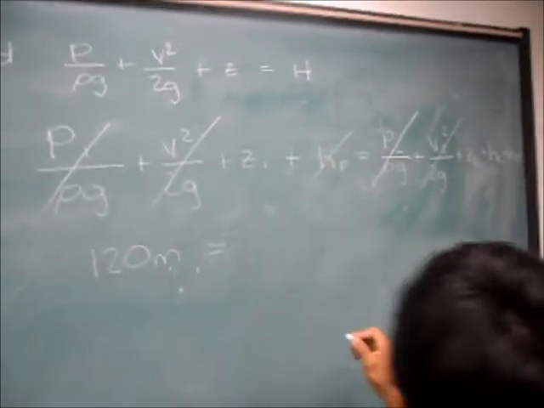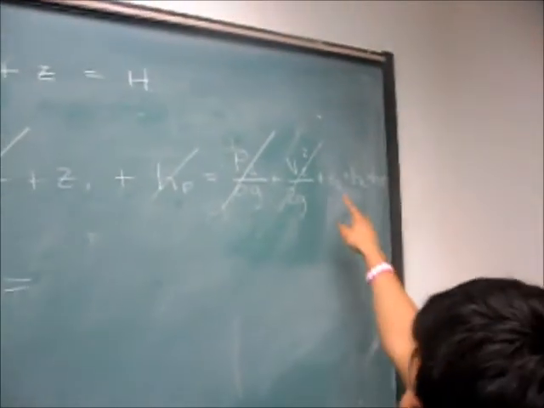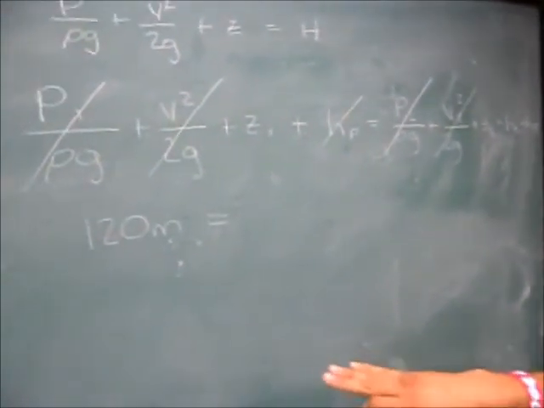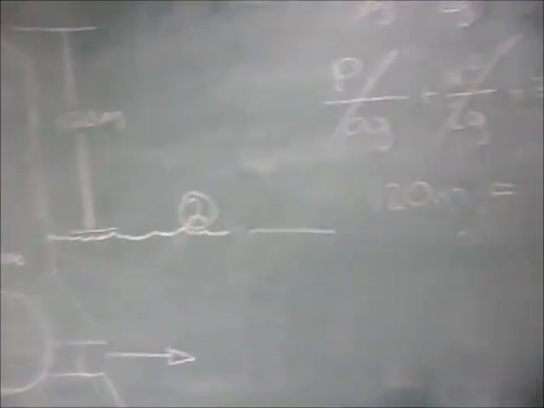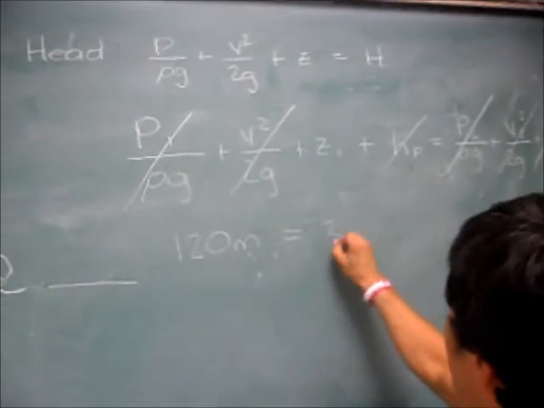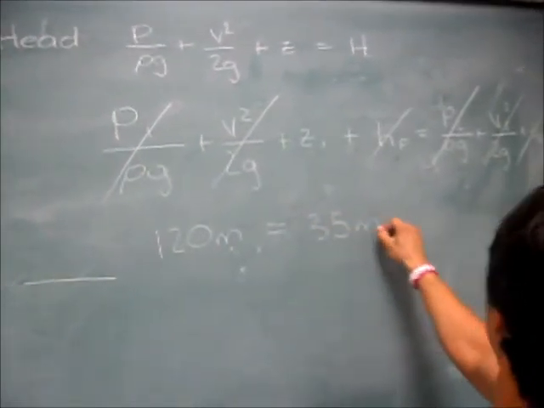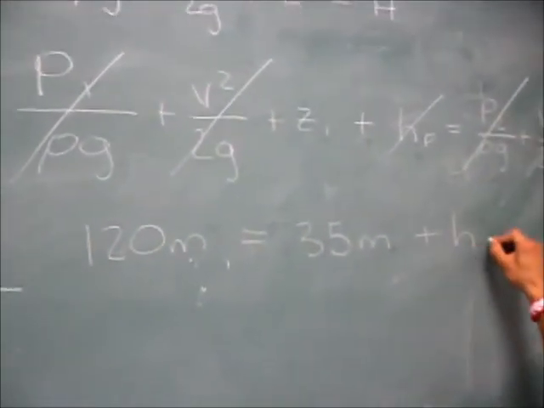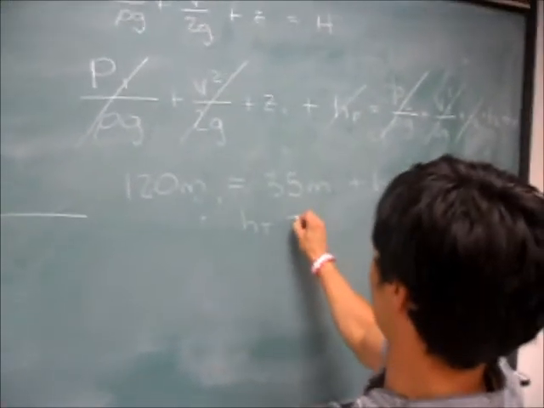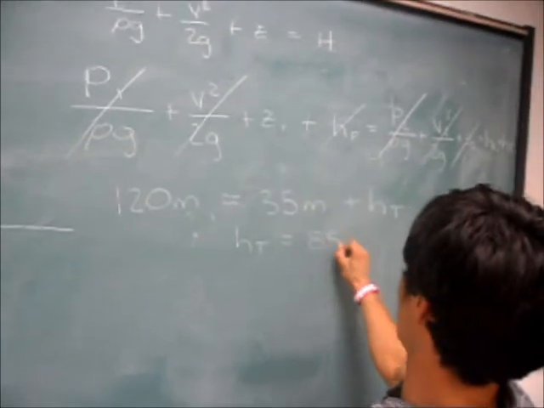So this equals Z2. And Z2 we know it's 0 because the datum is going to be right here. And the head loss is given, which is 35 meters, plus the head of the turbine. It gives us 85 meters.